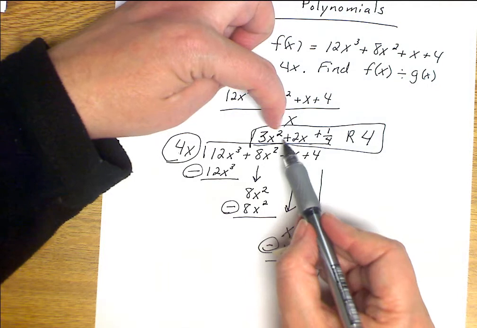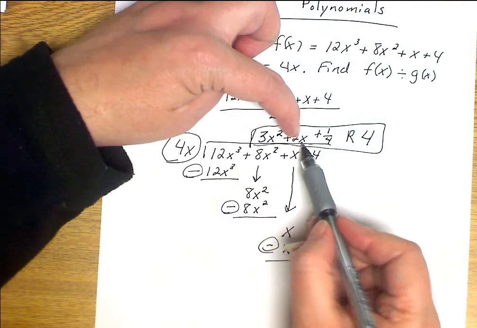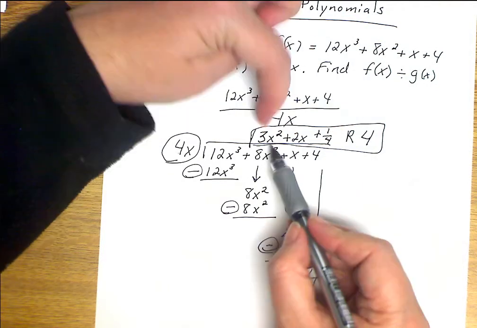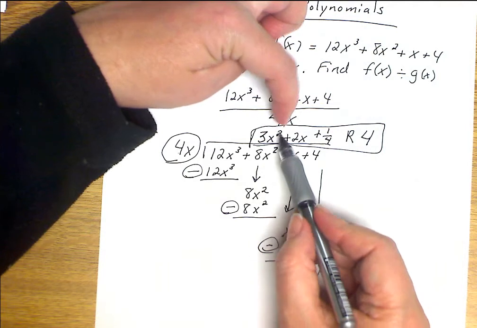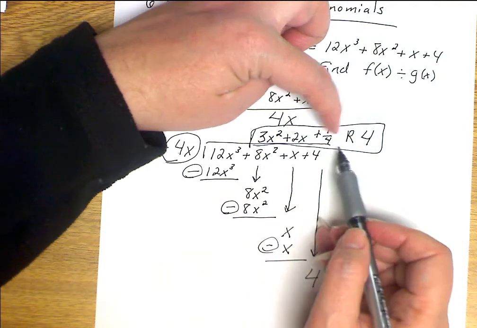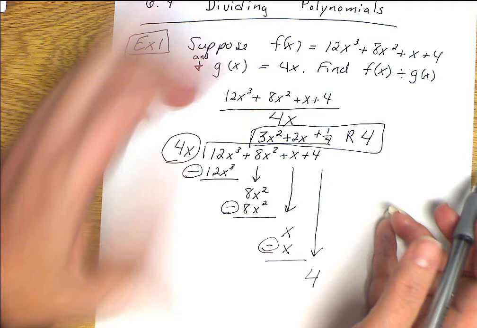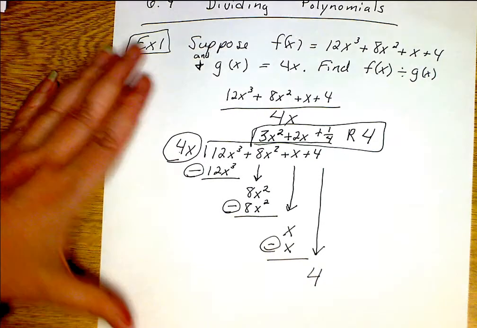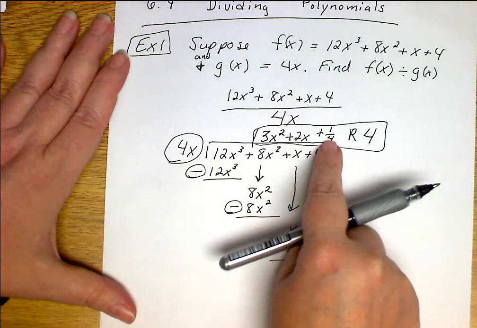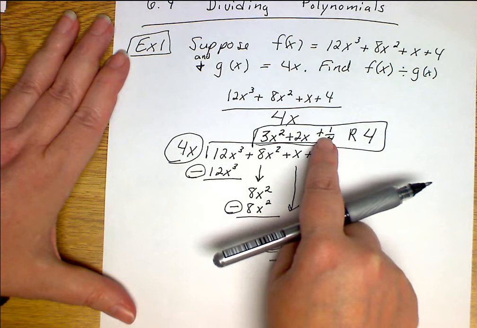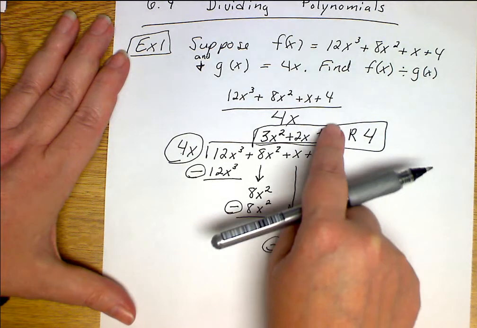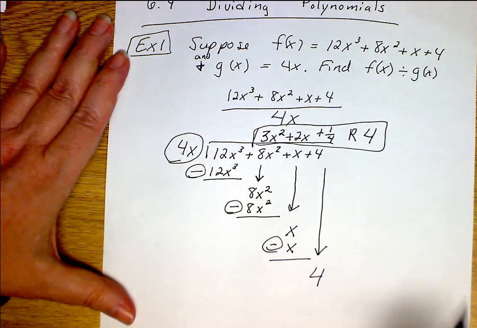See, x squared, then x, then no x. If it was x cubed, it would be x cubed, x squared, x, no x. You're done, and that will be your remainder, because after you get a whole number, you can think of it as without a variable. Remainder 4.